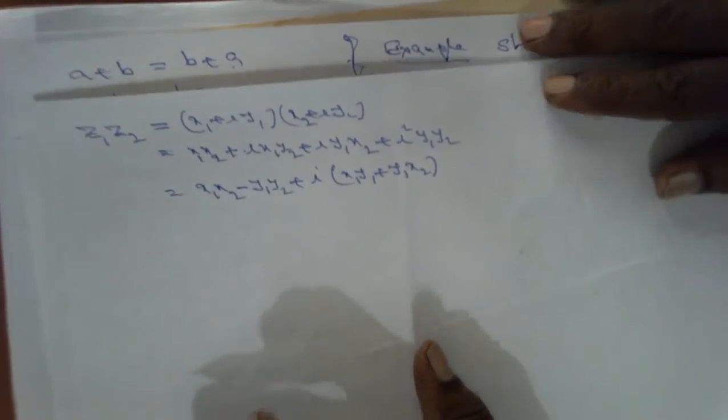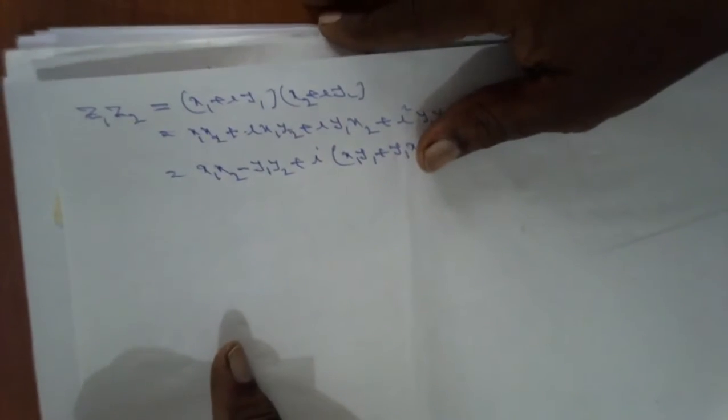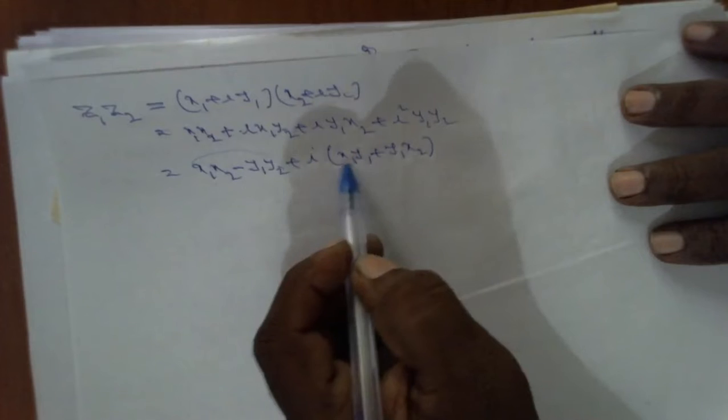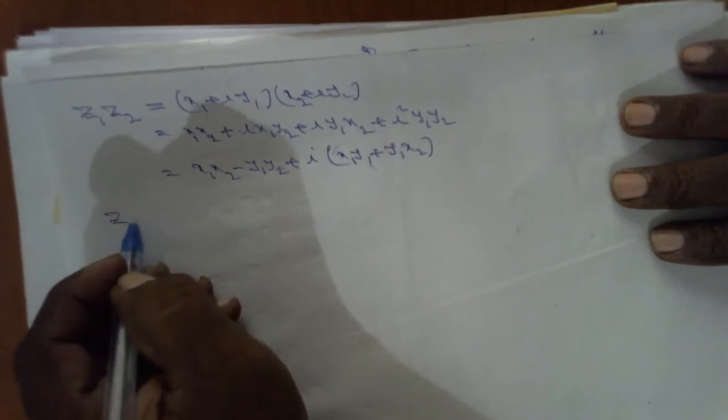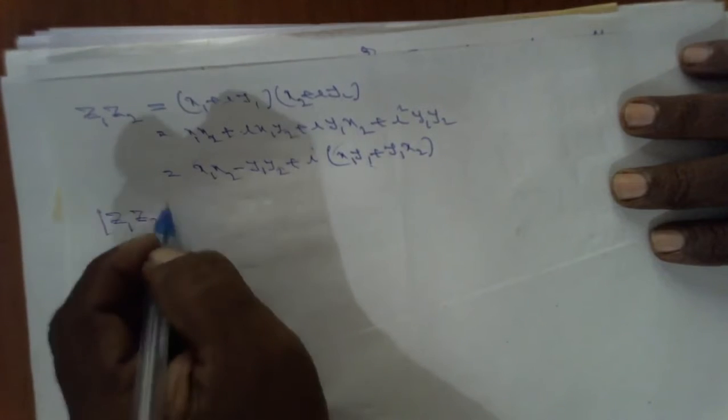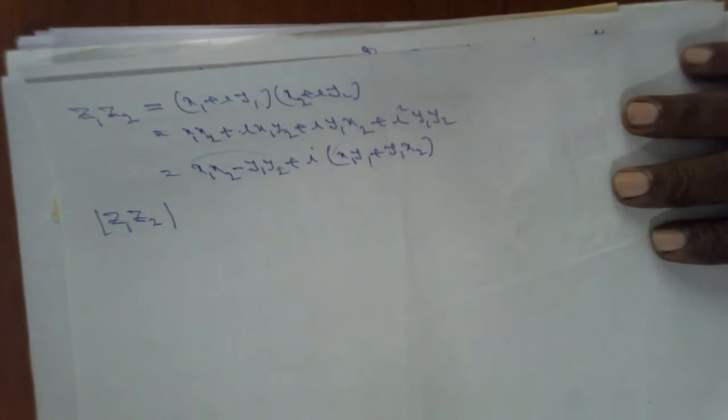Now C1 C2 is in the form a plus ib. This is the real part of this complex number, this is the imaginary part. Now you can take the modulus of the product.